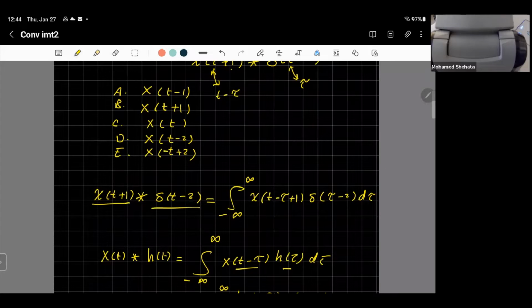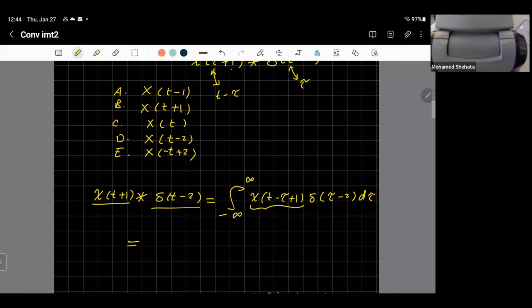So how are you going to solve this? Easy. As we said, that will be the function, and that's the delta.